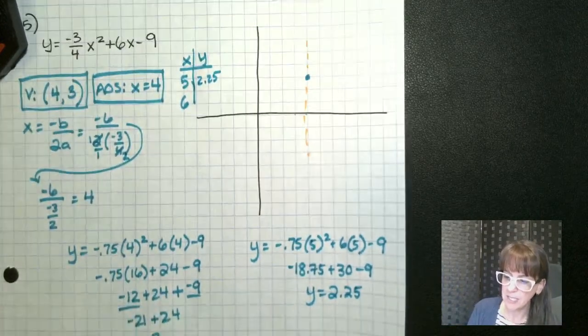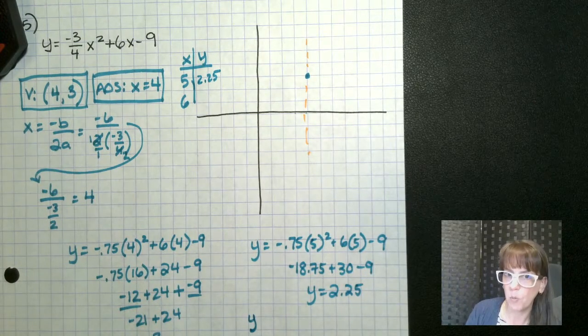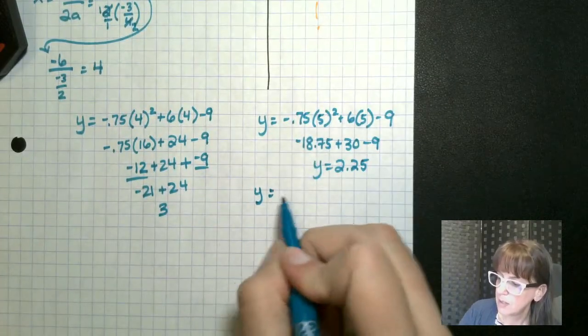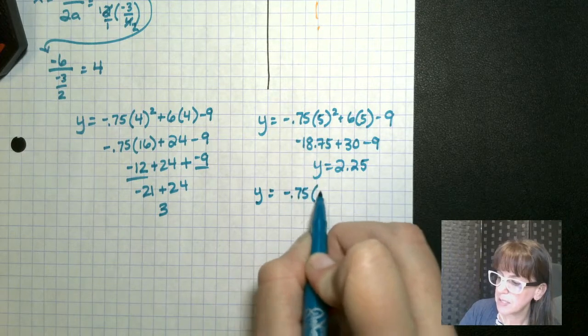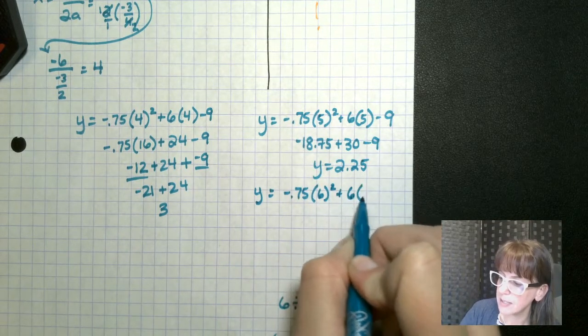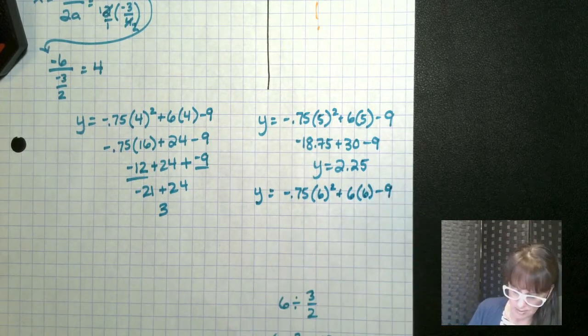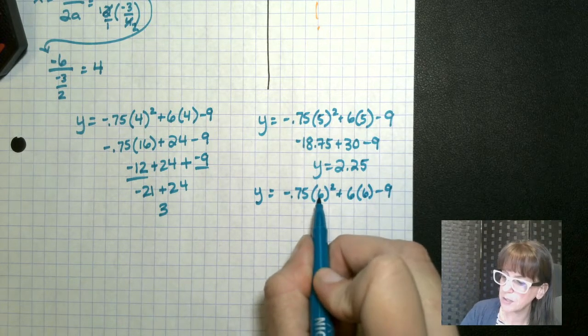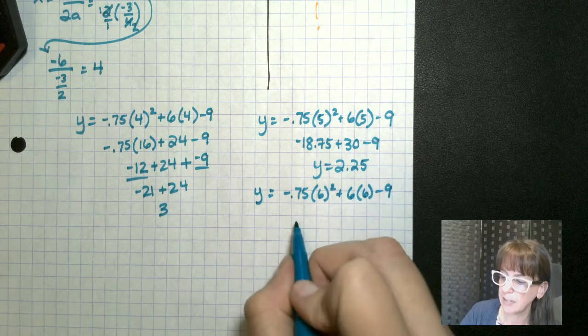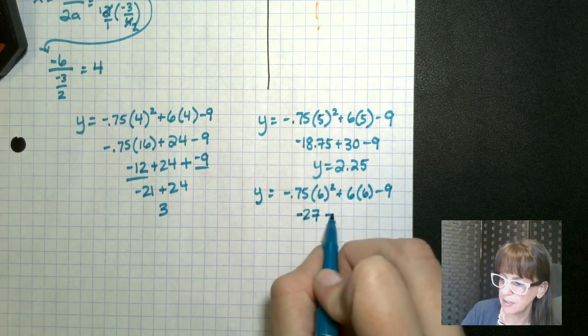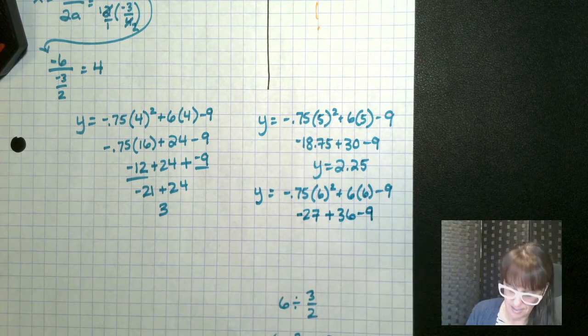And then for 6, when we plug that in, y equals negative 0.75 times 6 squared plus 6 times 6 minus 9. So again, 36 times negative 0.75, we get negative 27 plus 36 minus 9.